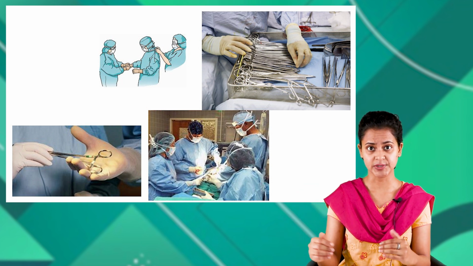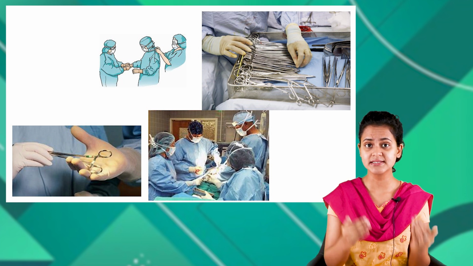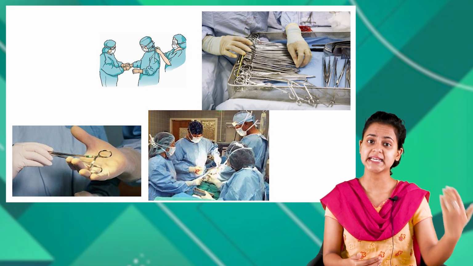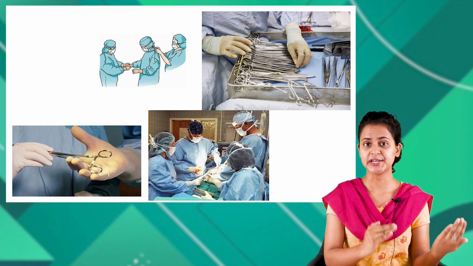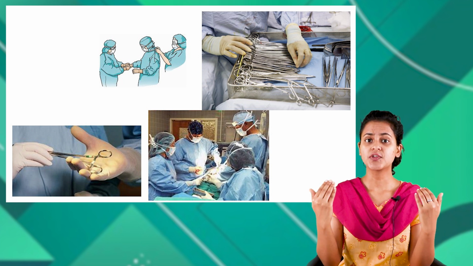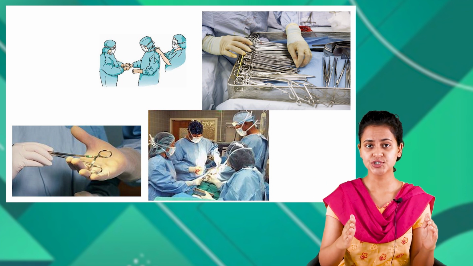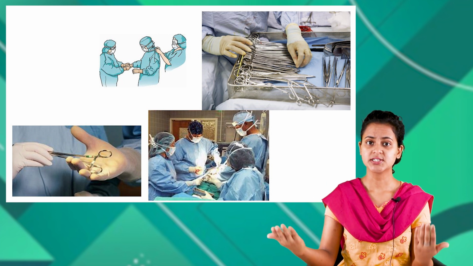The essentiality to maintain the count is because these devices can actually be retained inside the patient's body. So in order to prevent the incident, the nurses will be responsible to make a count before the surgery, and even after the surgical technique is completed.